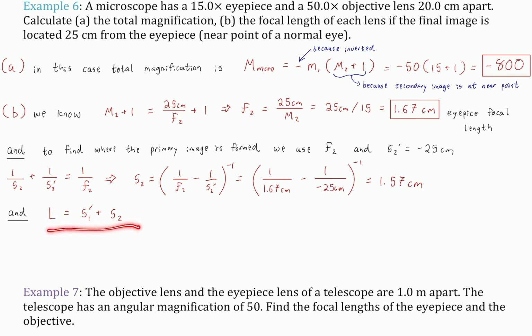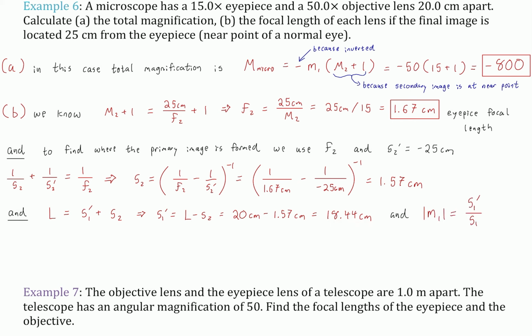There are no approximations here, other than the ones involved in the thin lens formula, but no additional microscope approximations. Now we find S1 prime, because here we're just finding the image formed by the objective lens, and it's 18.44 centimeters.